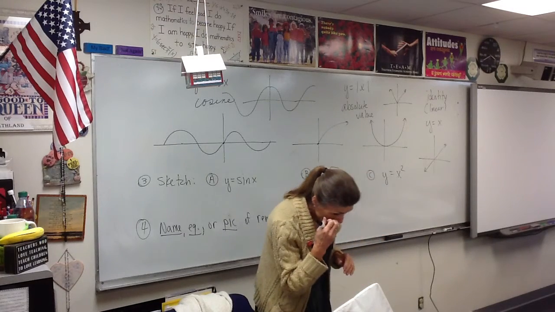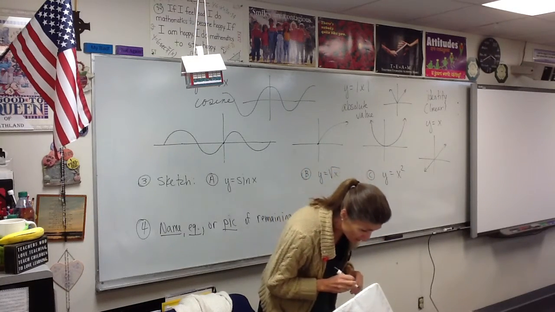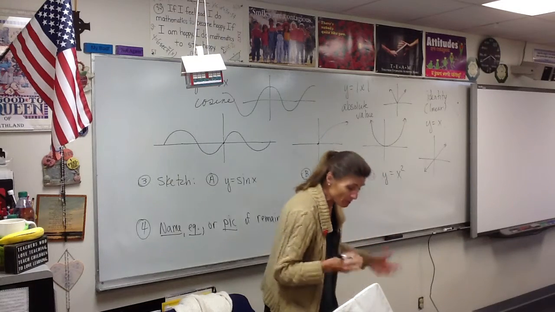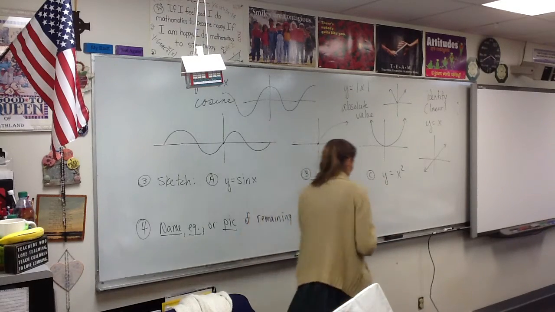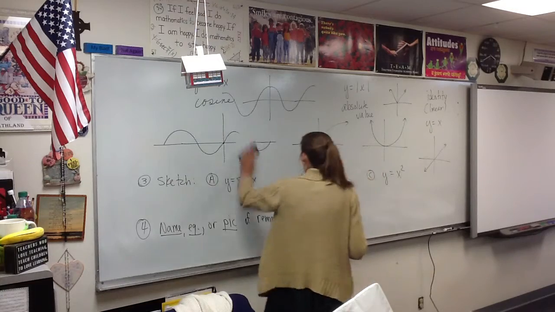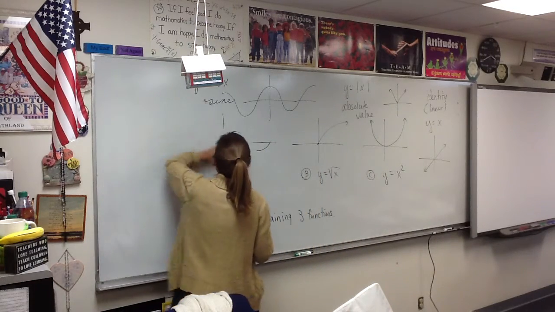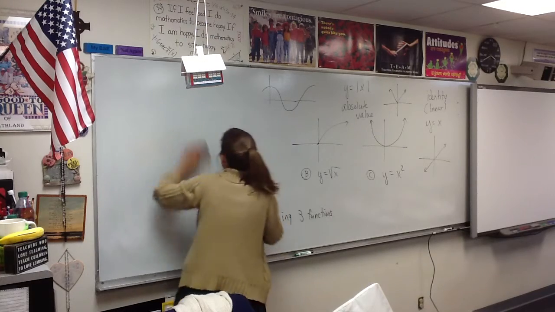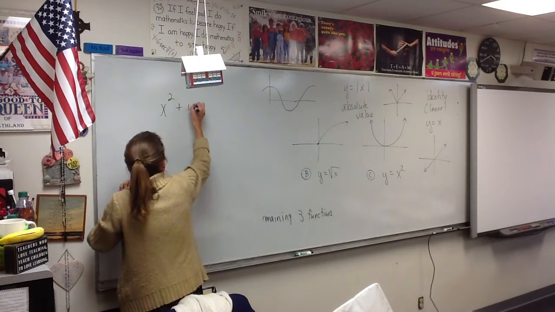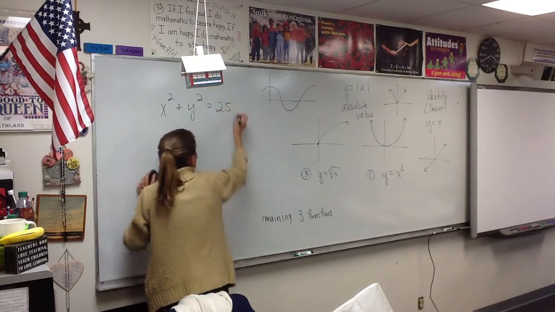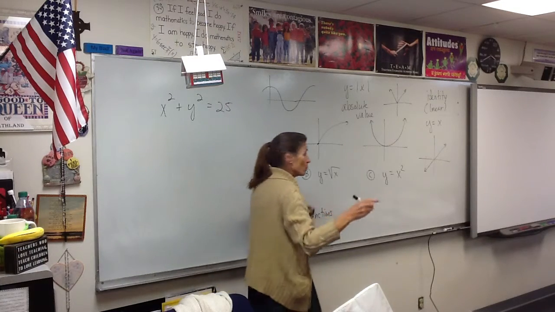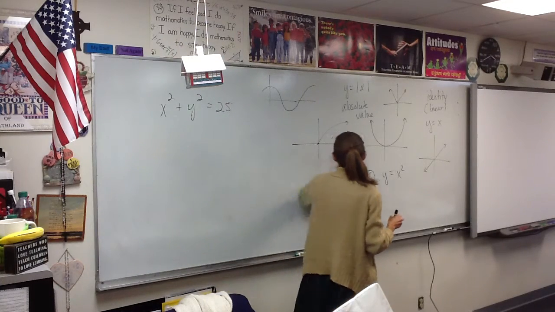It says find the implicit functions in x squared plus y squared equals 25. Who remembers, that was yesterday's lesson, how we find the implicit functions for something like x squared plus y squared equals 25? We solve for y.